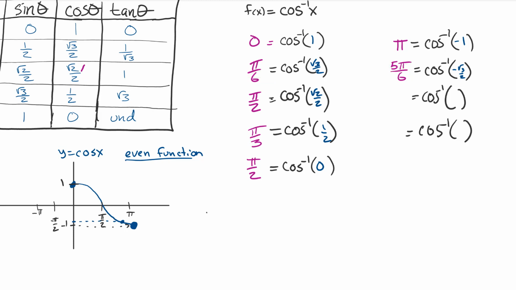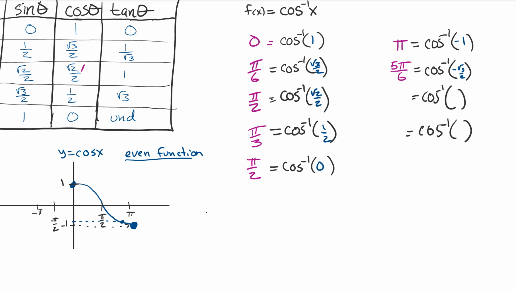It's the angle in the second quadrant that has the same reference angle as the positive. Cosine inverse of root 3 over 2 is pi over 6, so cosine inverse of negative root 3 over 2 is something pi over 6. You just have to figure out which one is in the second quadrant. It has a reference angle of pi over 6, so the angle is 5 pi over 6.